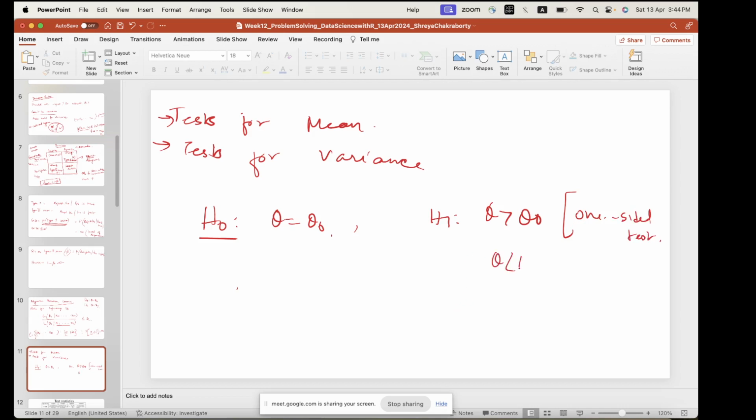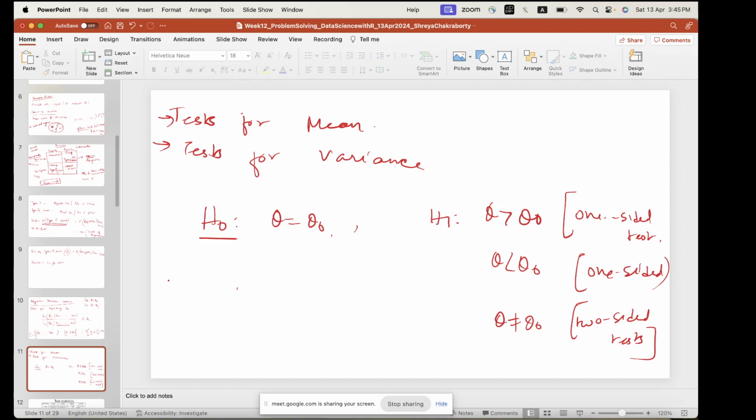Or let's say theta less than theta naught. This is also a one-sided test. But if we have theta not equal to theta naught, then we actually have a two-sided test. This theta could be variance, the theta could be mean, could be anything. Alright, some population parameter.